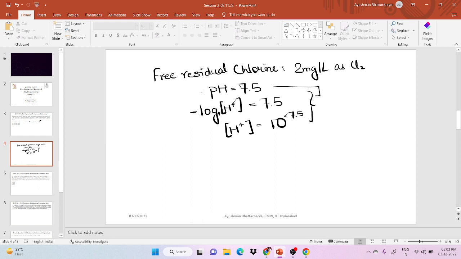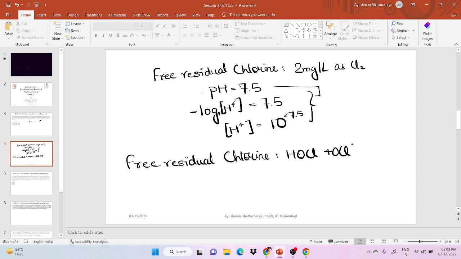Now in the question they are mentioning free residual chlorine. Free residual chlorine basically means the concentration of HOCl plus OCl minus.